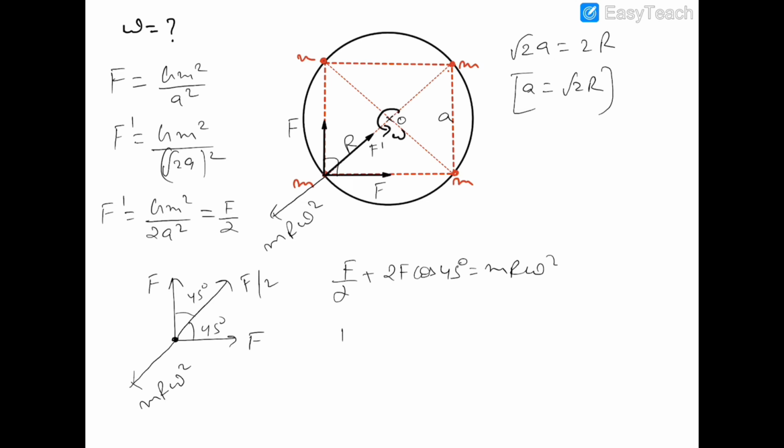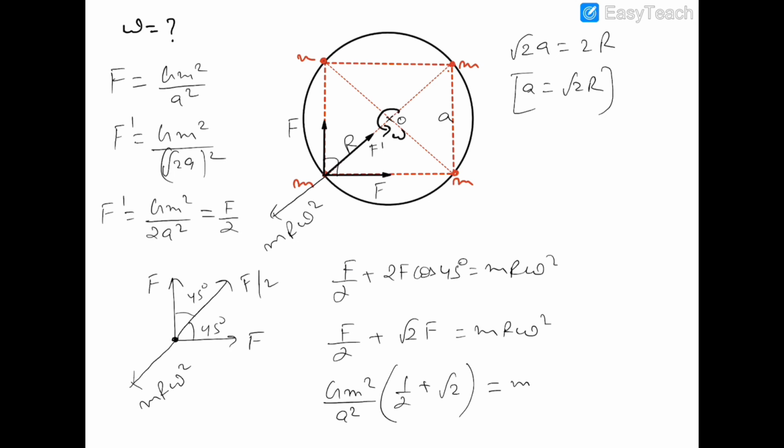Now you can see that this is F by 2 and plus cos 45 is 1 by root 2. So it is root 2 F, and this is m r omega square. So F, I am taking F as common. So this is G m square by A square, and 1 by 2 plus root 2.